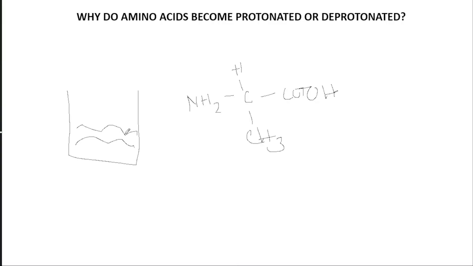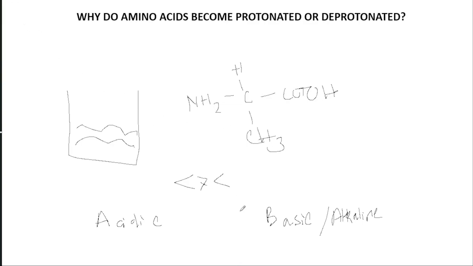Alright. Now a solution can either be acidic, or it can be basic, or it can also be called alkaline. So the solution might have a pH less than 7 or a pH greater than 7. If it has a pH less than 7, it is acidic, and if it has a pH greater than 7, it is alkaline.